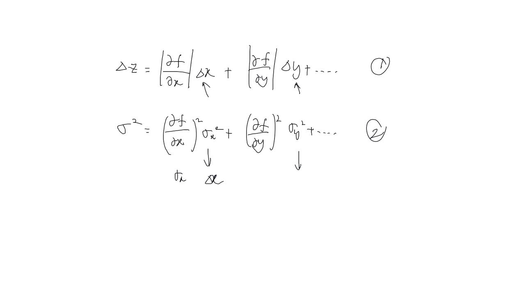So sigma x is the uncertainty of x, sigma y the uncertainty of y, even though sigma x squared or sigma y squared is the variance, or sigma is the standard deviation, of the variable called x or the variable called y.